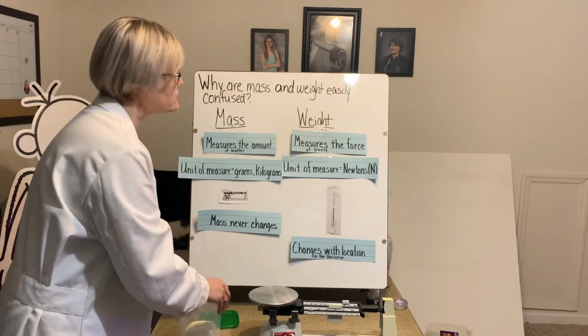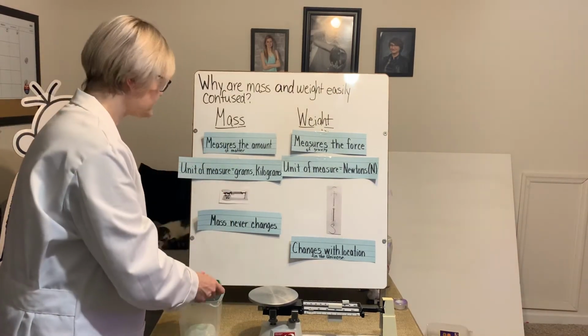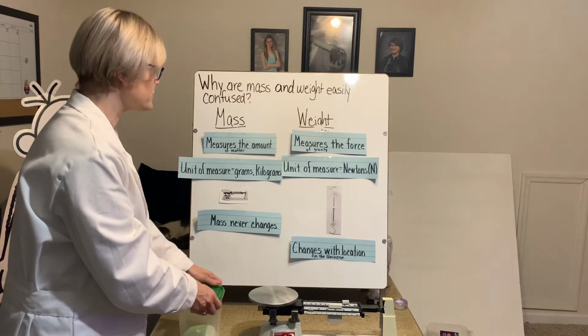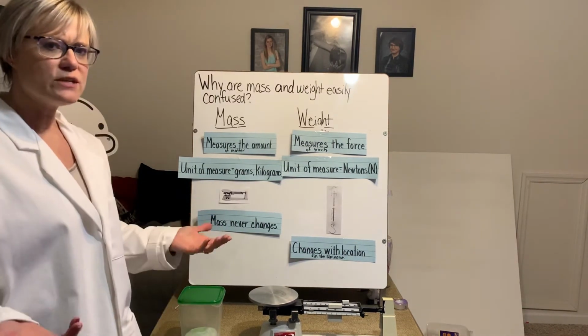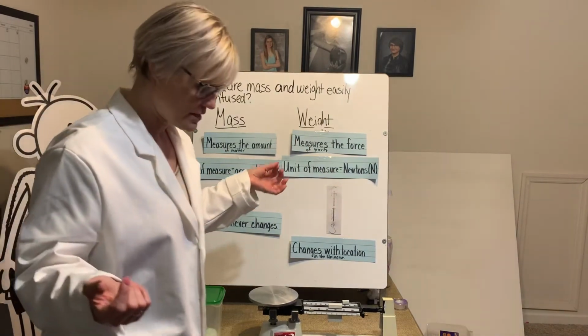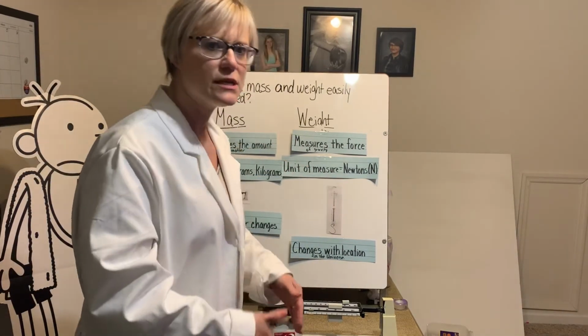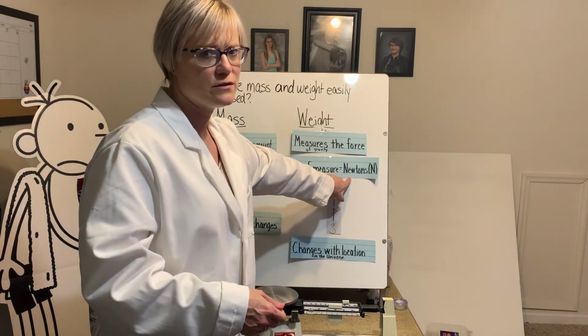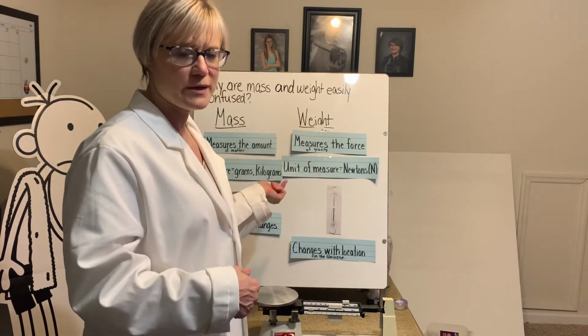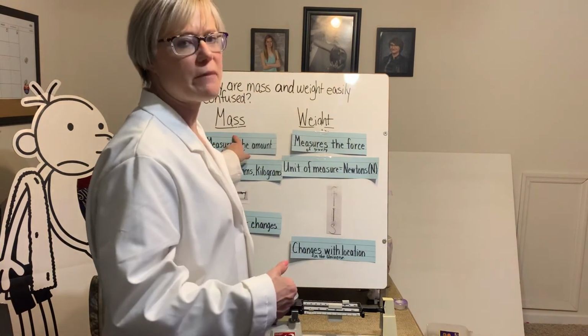All right, so let's go back to our original question. Why are mass and weight easily confused? Well, I know when I go into the bathroom and I step up on the scale and I take my weight, I don't get my measurement in newtons. I get my measurement in ounces and pounds, which is like measuring mass.